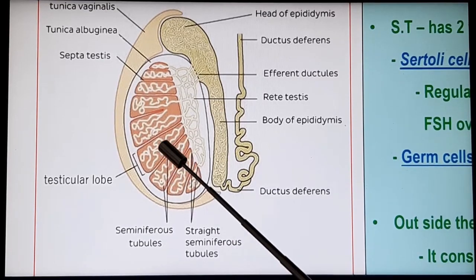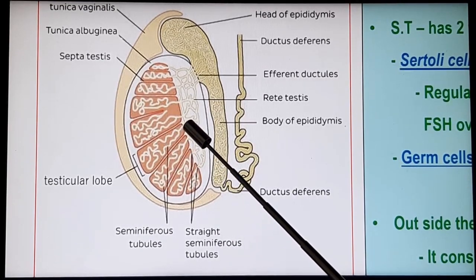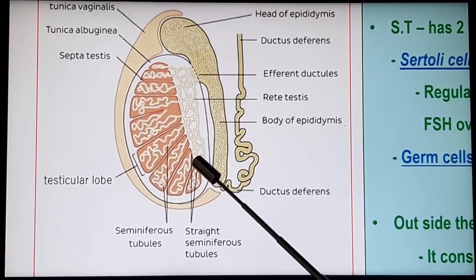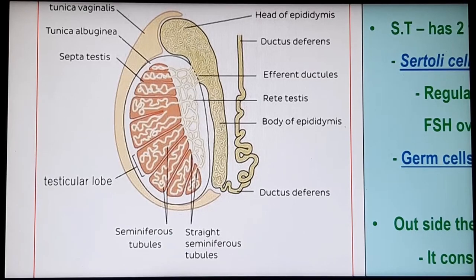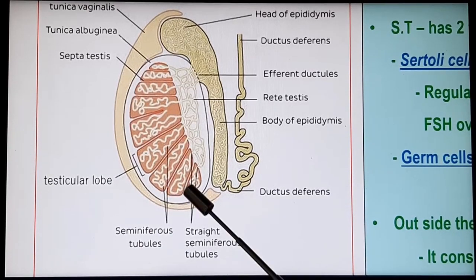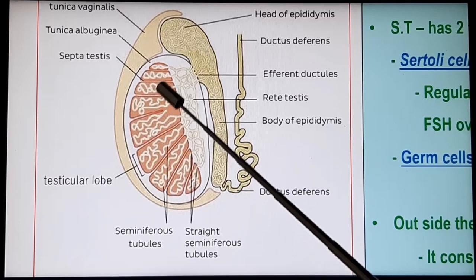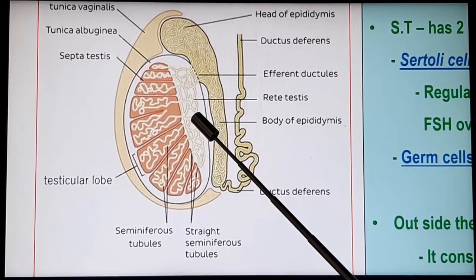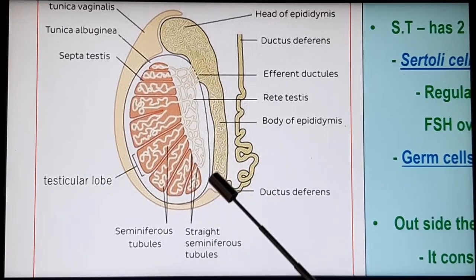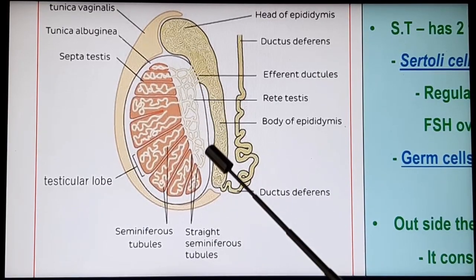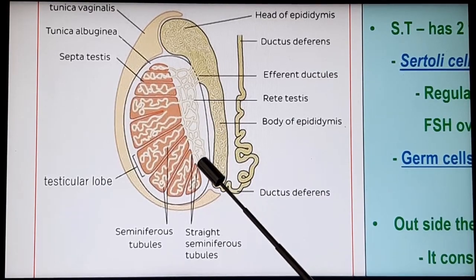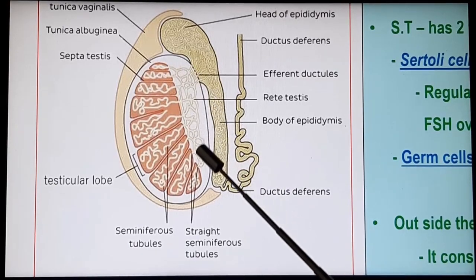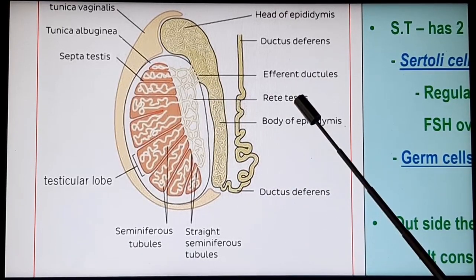The seminiferous tubules reach the internal part, where you can see it is straight, and this is the straight seminiferous tubules. The seminiferous tubules from each testicular lobule move out and form a network of tubular system, and that is known as the rete testis.